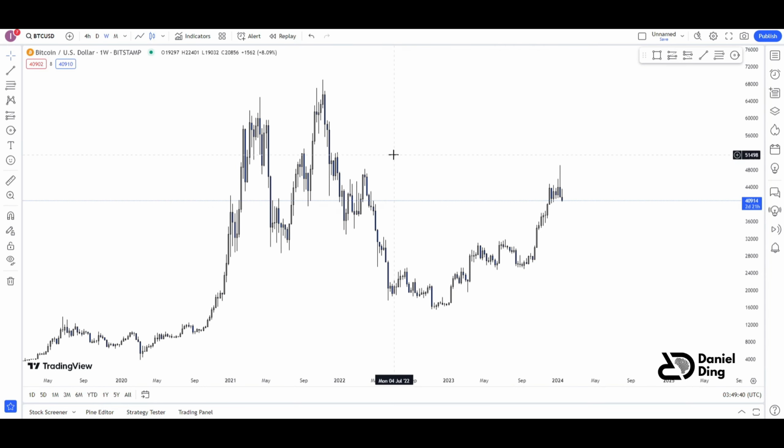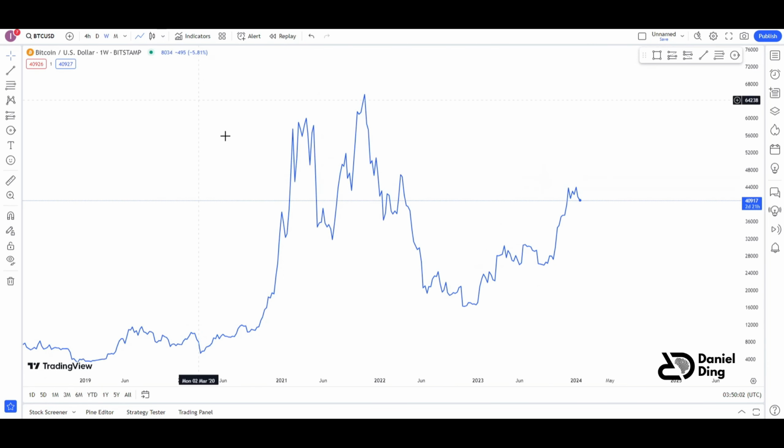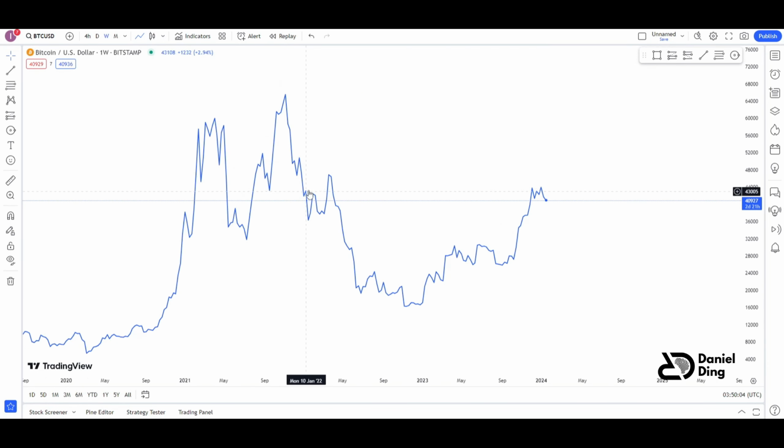I wouldn't use any Fibonacci, trend lines, or blocks, etc. What I'm going to do is change the whole chart to a line chart, because candles have too much noise.